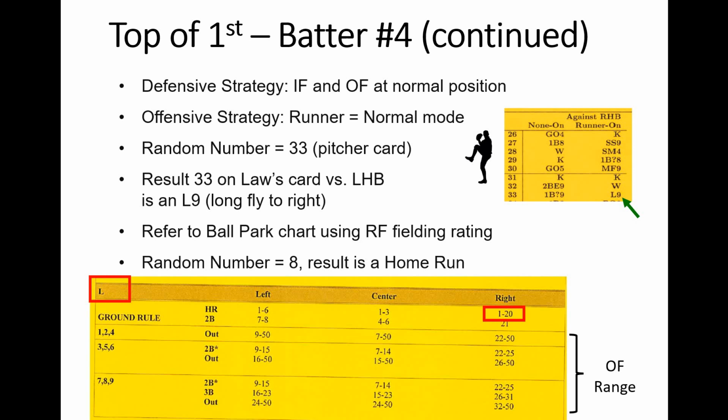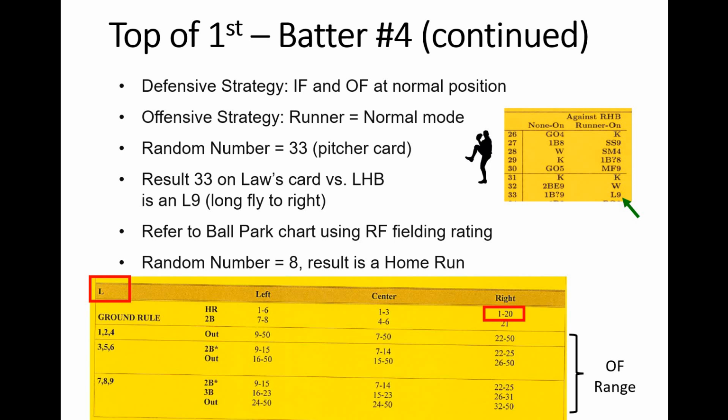So 40% of the time, the ball's hit to right field in Forbes Field under an L, it's going to be a home run, whereas to center field, it's only 6% of the time, and that's largely the fact that in right center field, the ballpark went all the way out to 457 feet. And then there's also some possibilities for triples as well, depending on the dice roll.